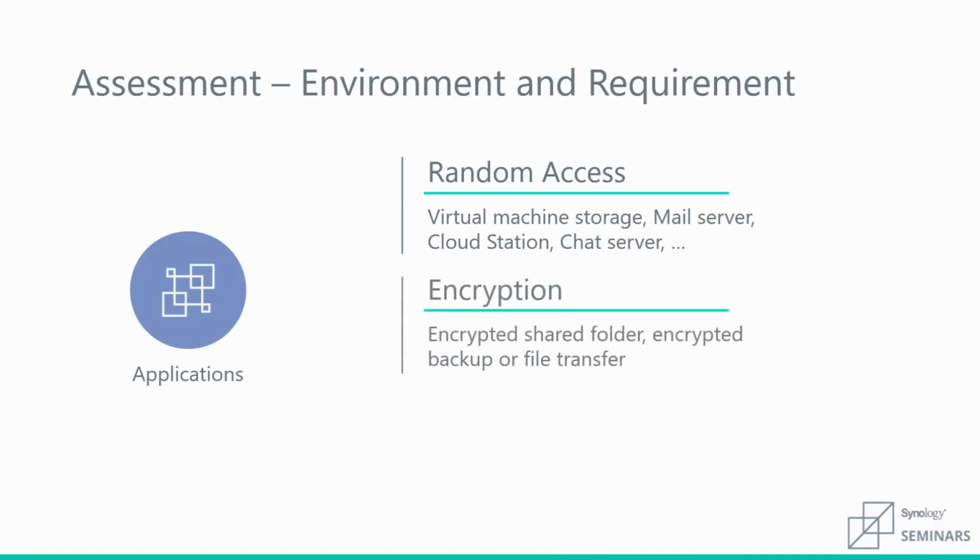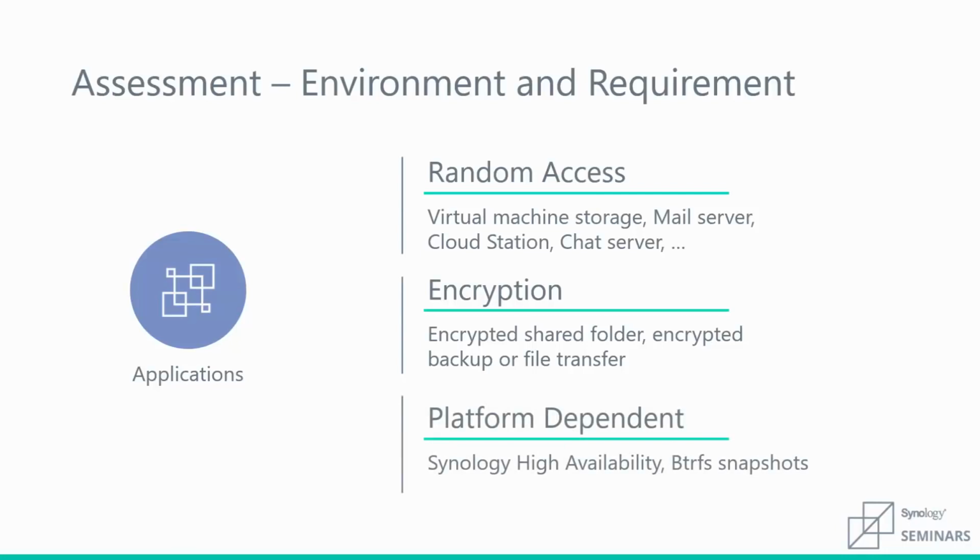You can encrypt and protect your data every step of the way, at rest and in transit, but this can be a CPU-intensive process. Will you be utilizing any platform-dependent technologies, such as Synology High Availability or BTRFS snapshots? All of these options will dictate the class of unit that you'll be looking to purchase. If you're looking to implement all of these, you may want to consider a higher functioning unit.